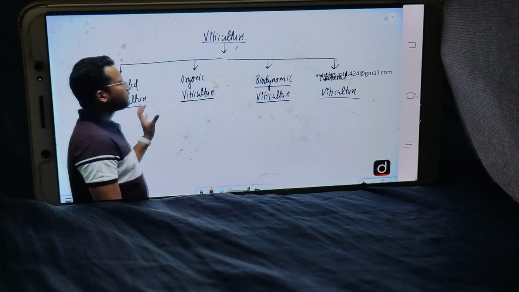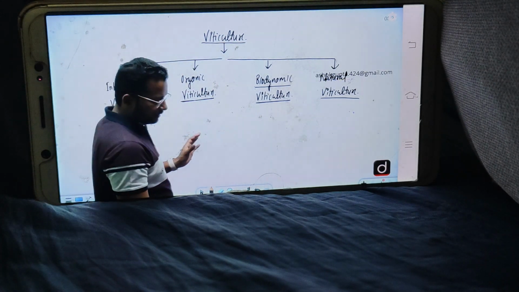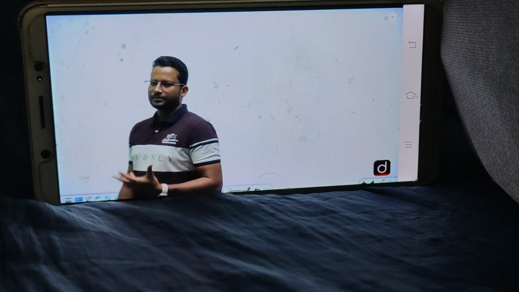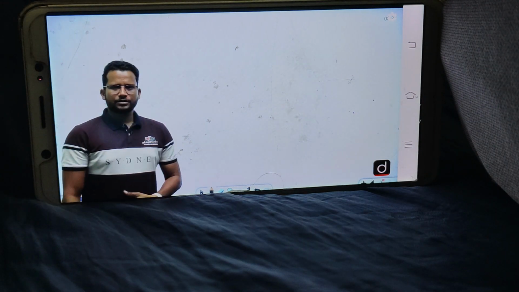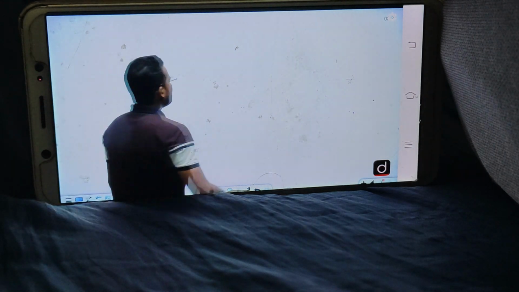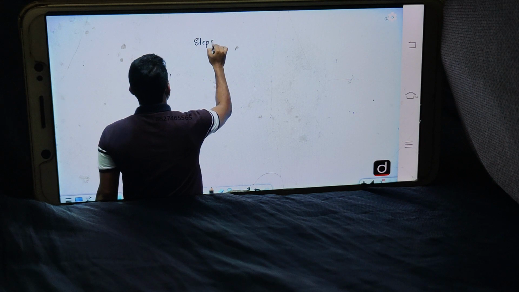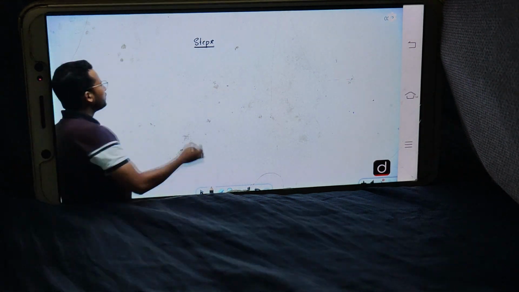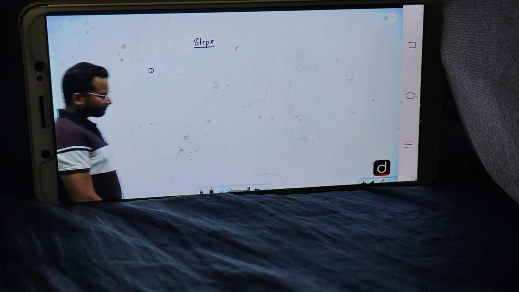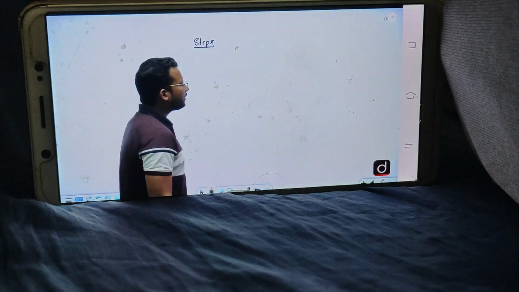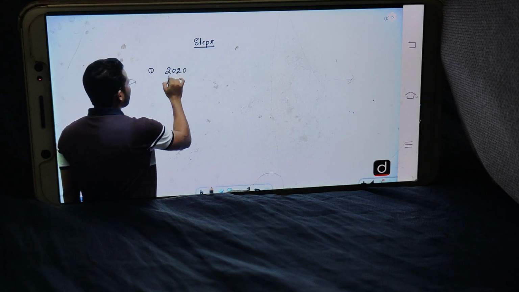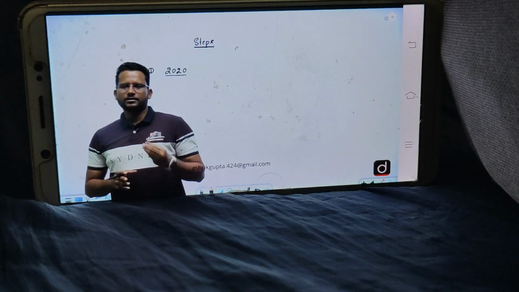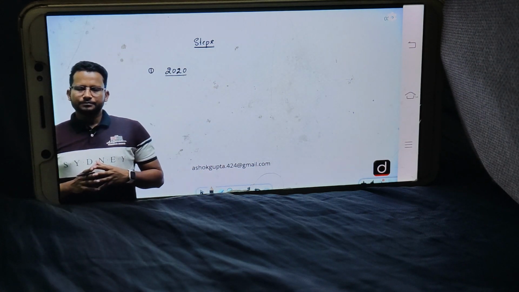So these are different types of viticulture. We have discussed all these things, and now we are going to talk about the steps taken by the government of Uttar Pradesh for the promotion of viticulture. So if we are going to talk about the steps the government has taken, first you can say, in 2020, Uttar Pradesh government created a separate department for horticulture.